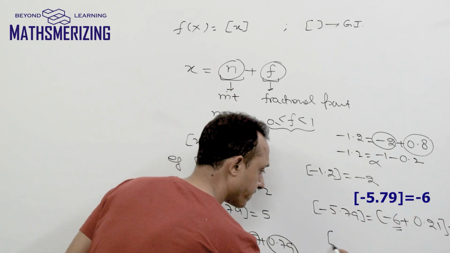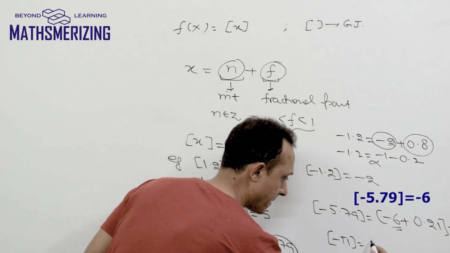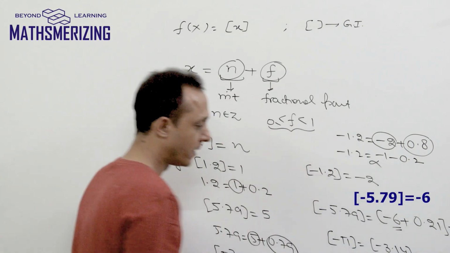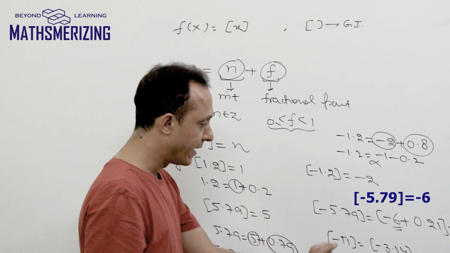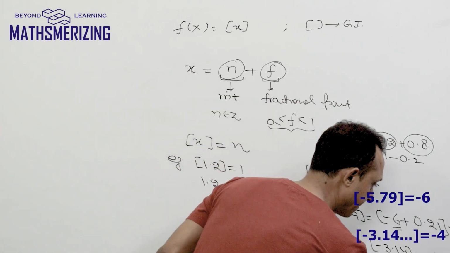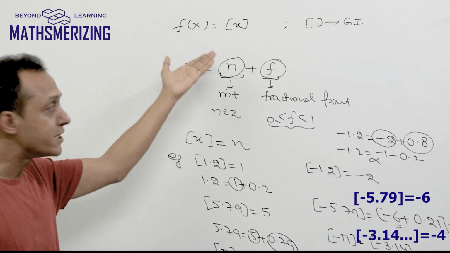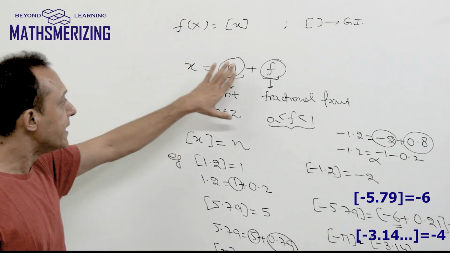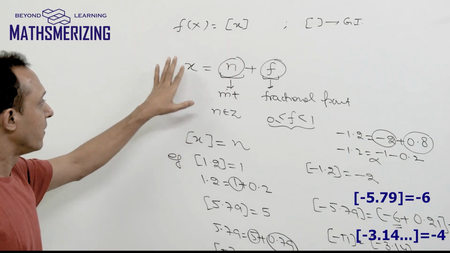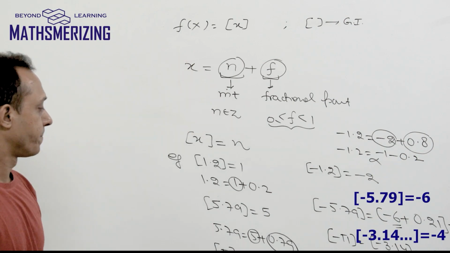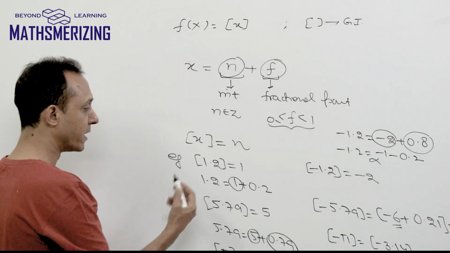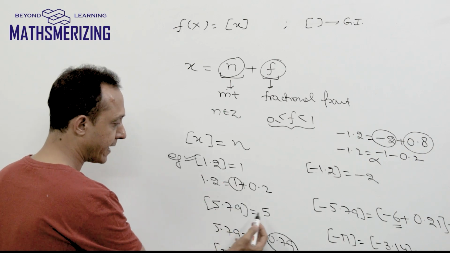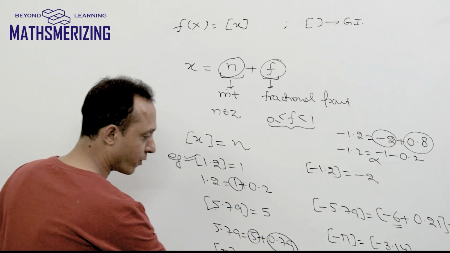What about minus pi, which is minus 3.14? Now because it is minus 3 point something, its greatest integer function will be simply minus 4. So essentially, greatest integer function is a function which gives you the integral part of any given real number x. If the number is positive with a fraction, 1.2 gives 1, 5.79 gives 5, pi 3.14 gives 3.